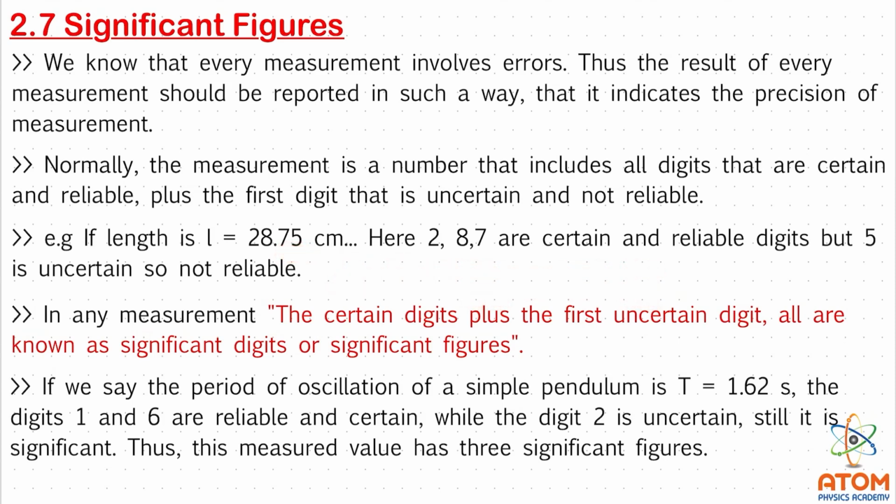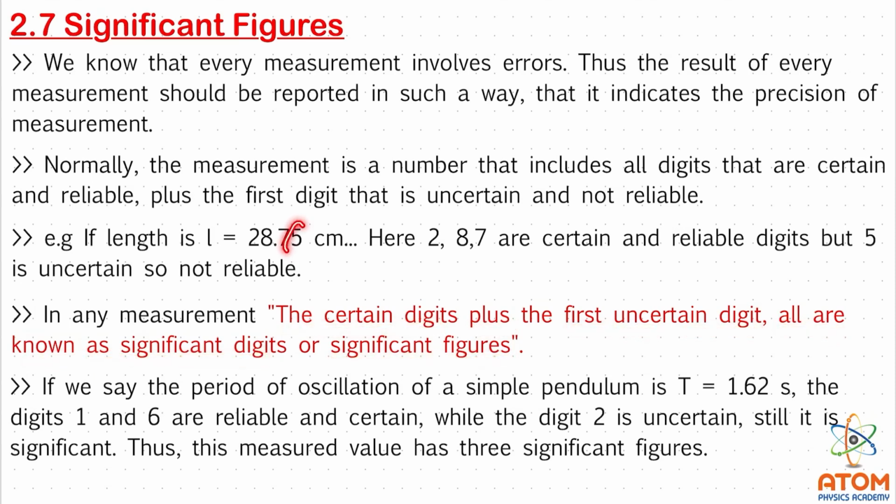So here ambiguity remains always. Because we don't know what is after 5, that's why the 5 itself is uncertain. We can't say that 5 is certain, it remains uncertain. So this digit is uncertain and these 3 are certain. In any measurement, the certain digits plus the first uncertain digit all are known as significant digits or significant figures.